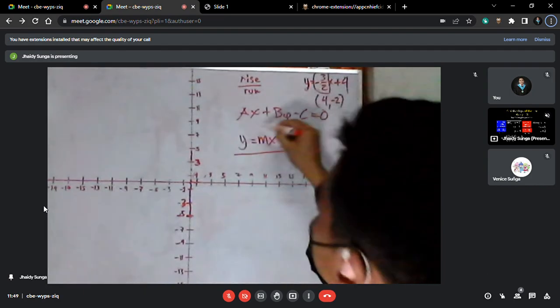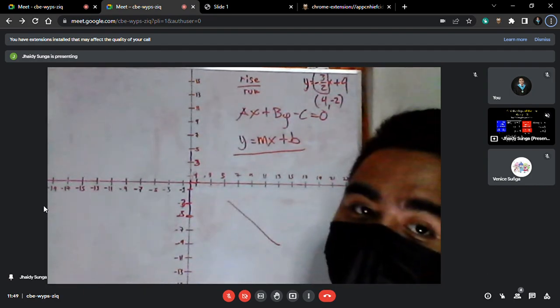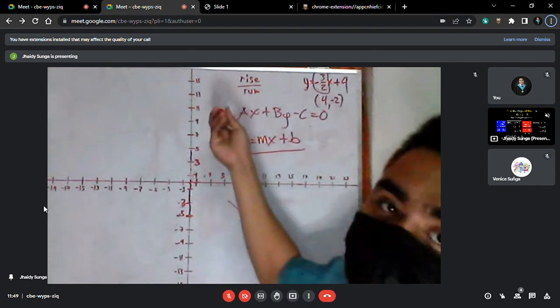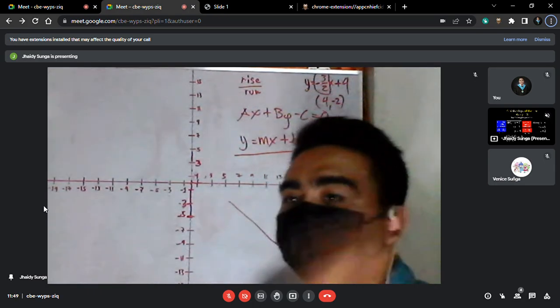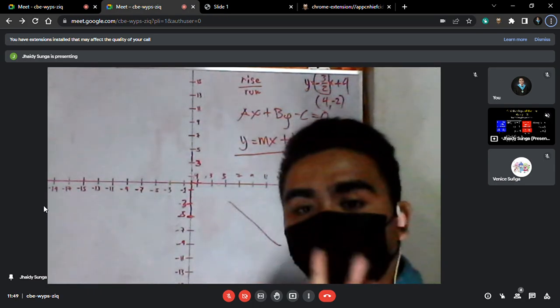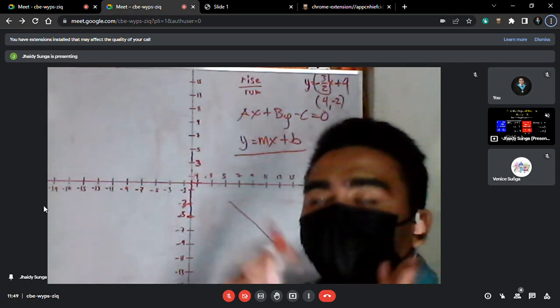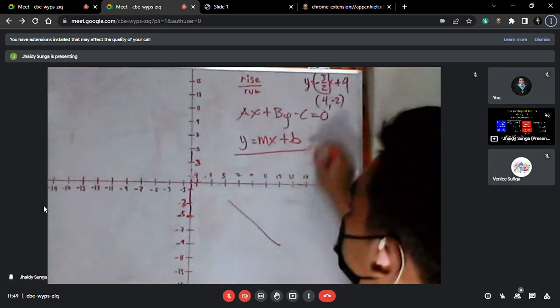Because we are dealing with the slope, or the steepness, of a line. From the general form, as I said a while ago, from the starting point of the form, we transpose the general form into such an equation like this slope form.